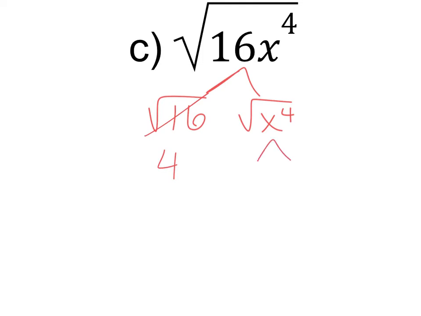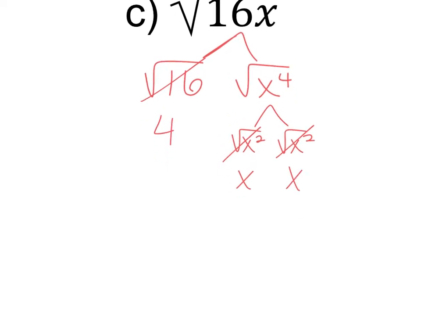The square root of x to the 4th breaks up into the square root of x squared twice, because there's 4 of them, so 2 and 2. This becomes x, this becomes x. Looks like all of our square roots have disappeared. Great. So we have 4x to the 2nd power, because x times x is x squared.